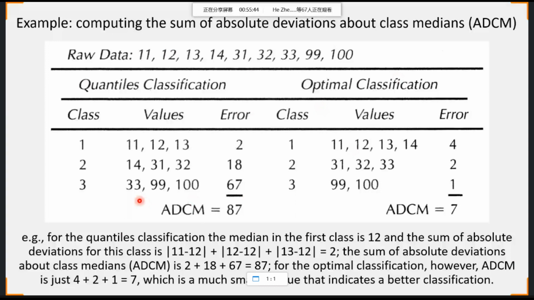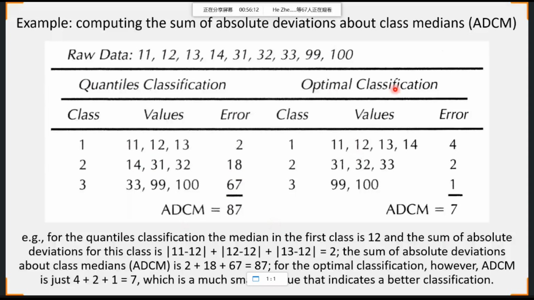First, you compute the error. That means you check the lowest and the highest, and you compute the difference. So here, 13 minus 11 is 2, 32 minus 14 is 18, 100 minus 33 is 67. And then you sum that up and you get ADCM.